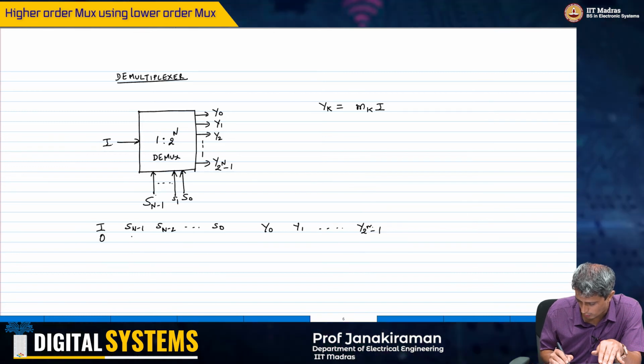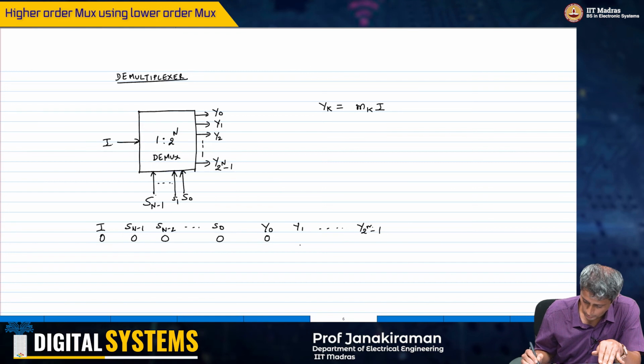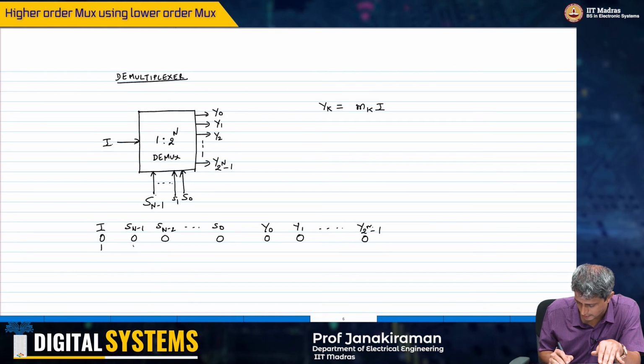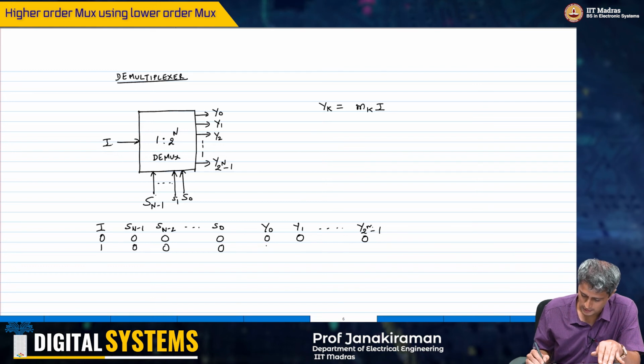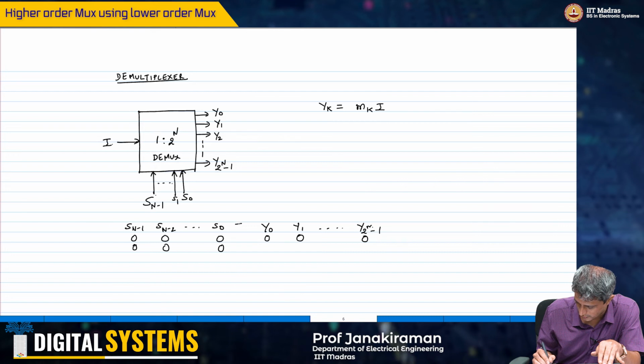If the input is 0, all zeros, then my output will be 0. These of course will all be 0. If the input is 1, then all of this is 0. Maybe I'll put the input here as the least significant bit. If this is 1, then output should be 1. All of this will be 0.